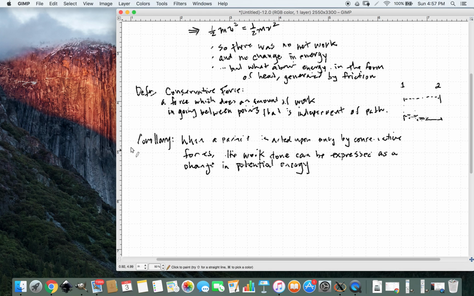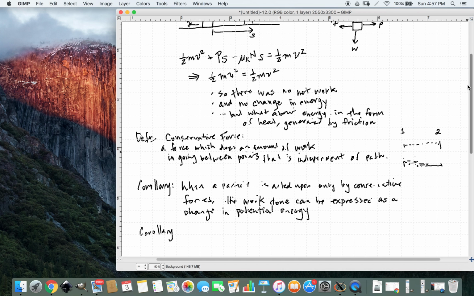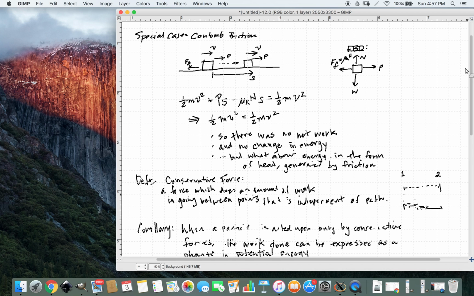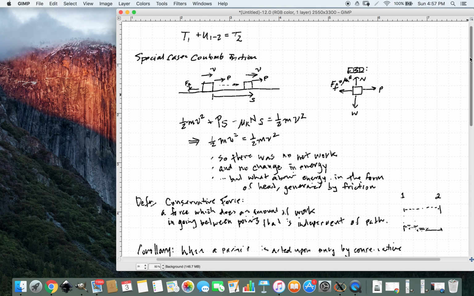So, pausing on what exactly is potential energy, we can have another corollary then. If we return back to our initial expression for this lecture and we look at our expression for work and energy, the one that we had up at the top of the screen here, T1 is equal to U12 plus T2. Let's give that a name for this segment.